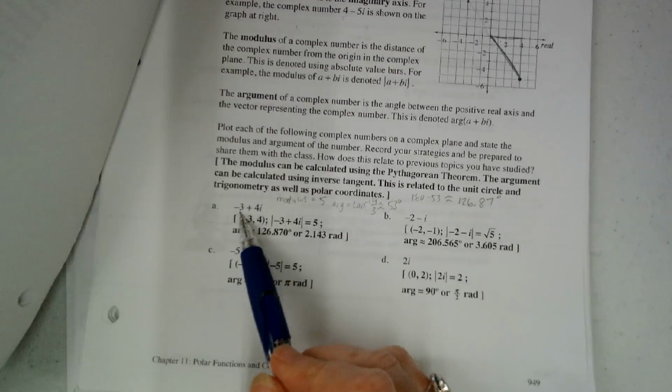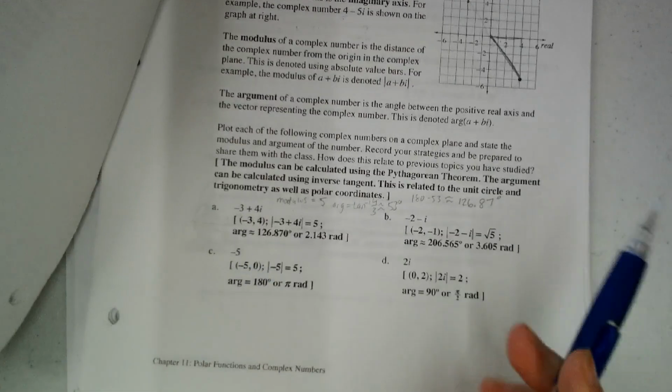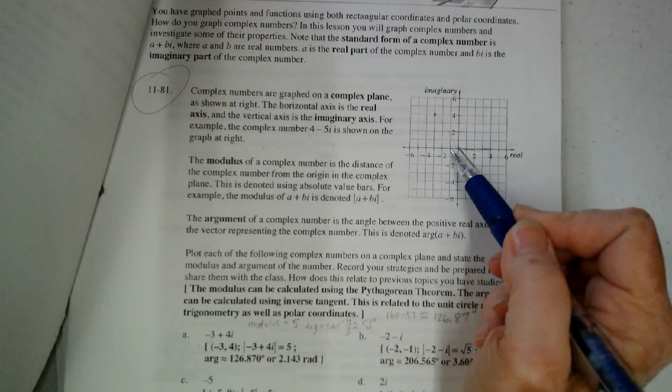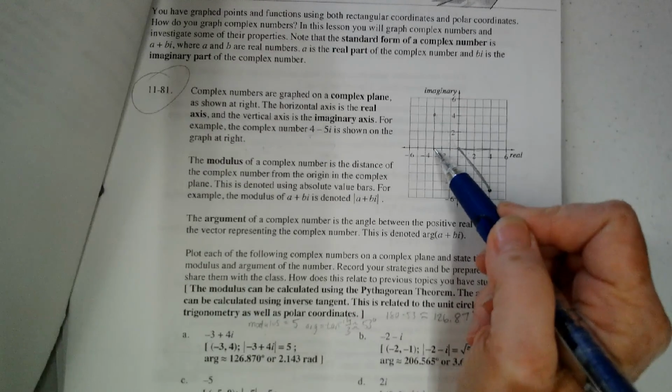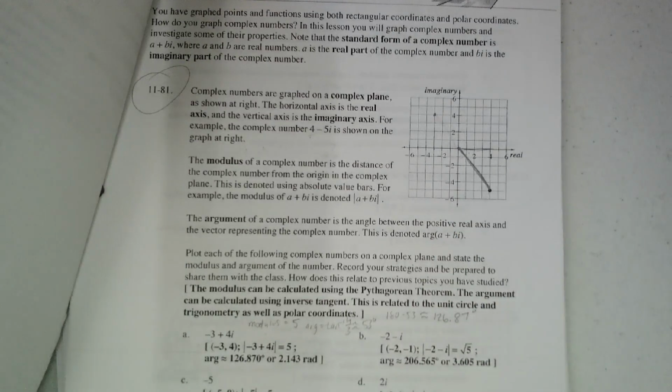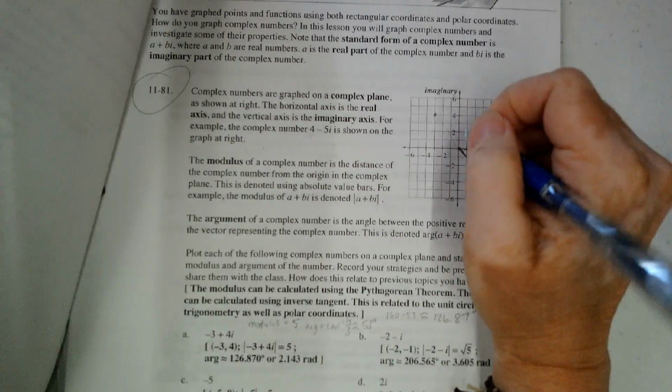So negative 3 plus 4i would just be shown as negative 3, 1, 2, 3, comma 4, 1, 2, 3, 4. So I've already got it plotted there. And then they want the modulus.